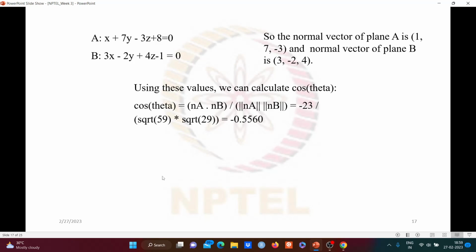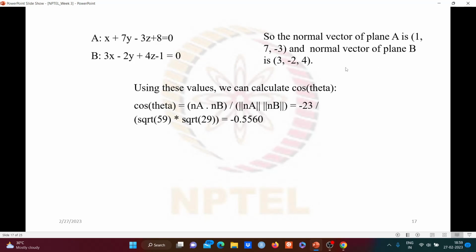And cos theta is the dot product divided by the magnitude of each vector. Here the magnitude is the square root of the sum of the squares of each element.